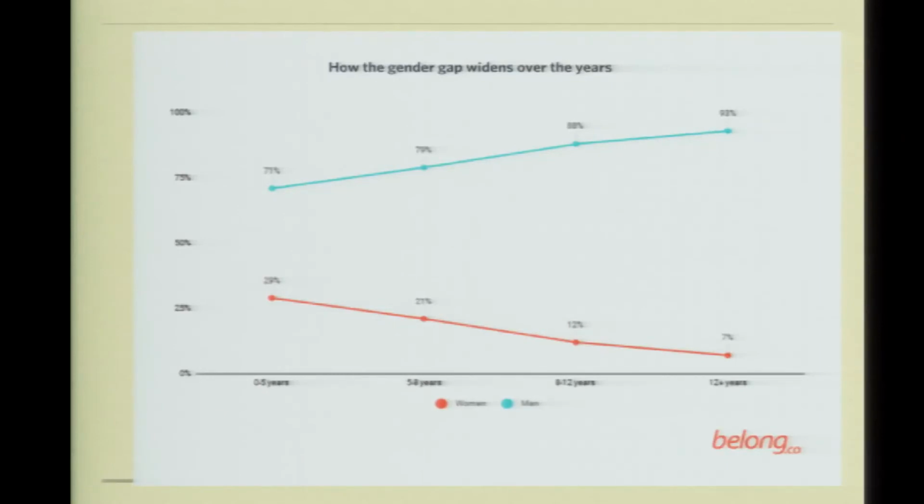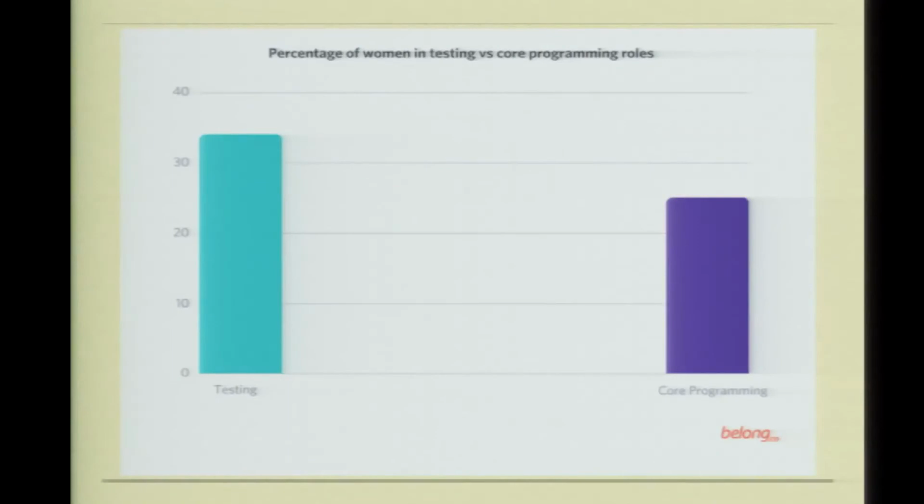So this is the second reason: if, due to any reason, a woman leaves her job and wants to come back to technology, then she must start contributing to open source products to get back in form. The third reason is the percentage of women in testing versus core programming roles.